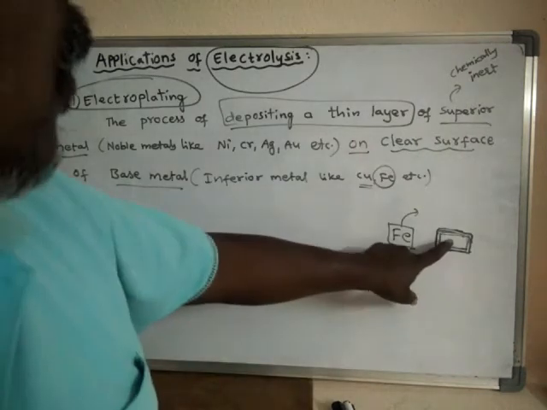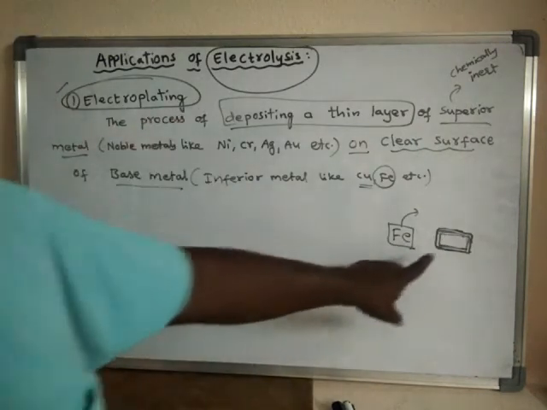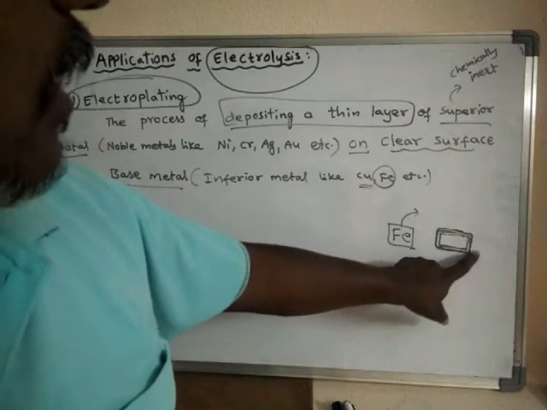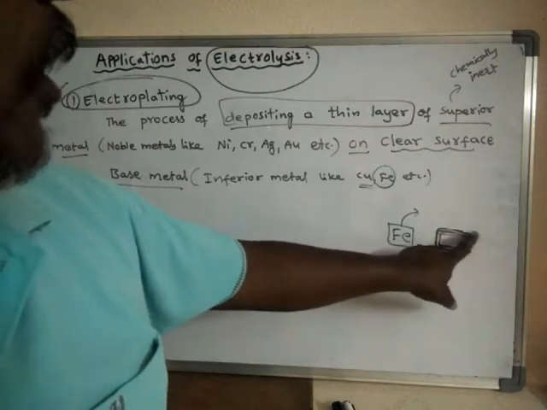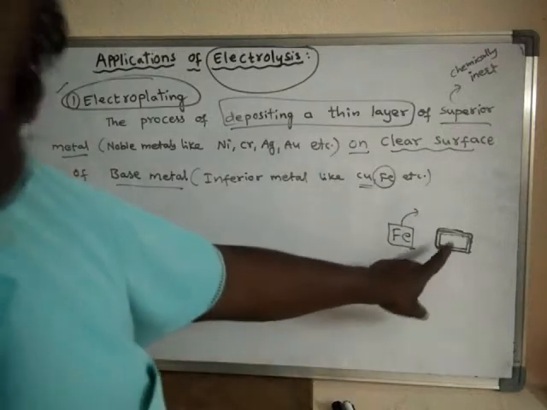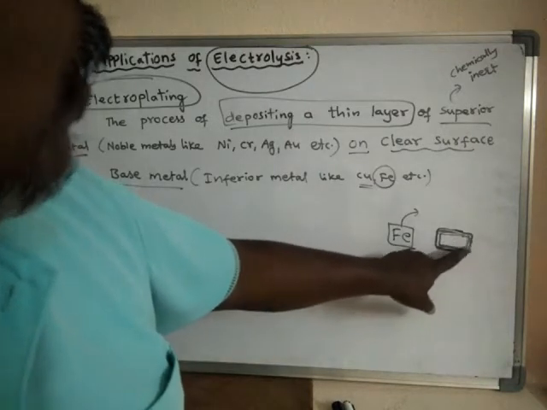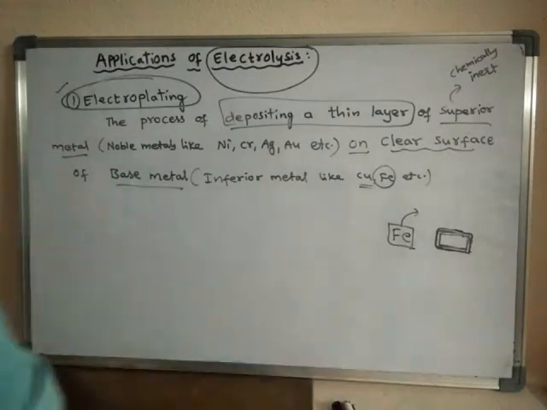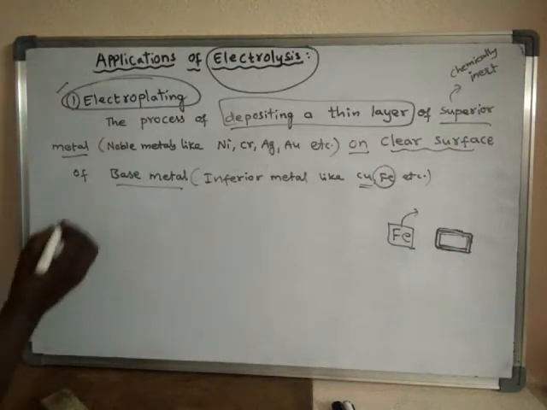So here, by the process of electroplating, we are depositing a very thin coating of superior metals over this cheap quality or inferior metal. So that is one of the reasons for electroplating.